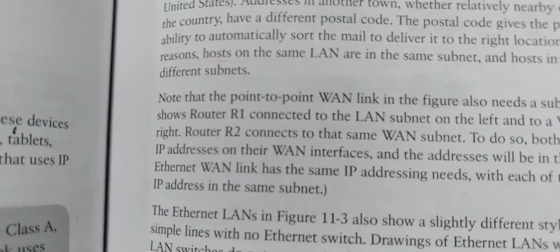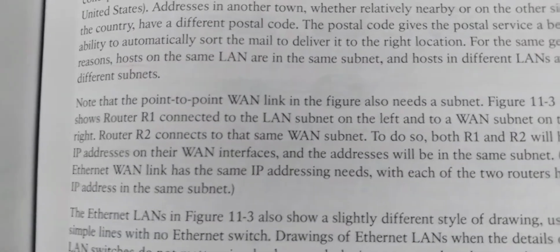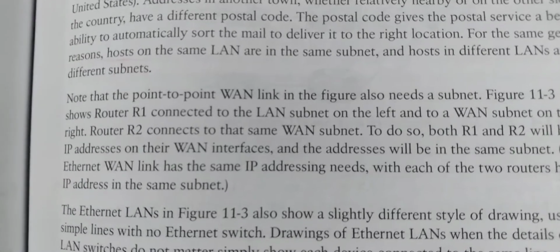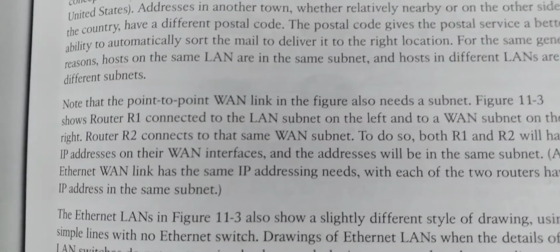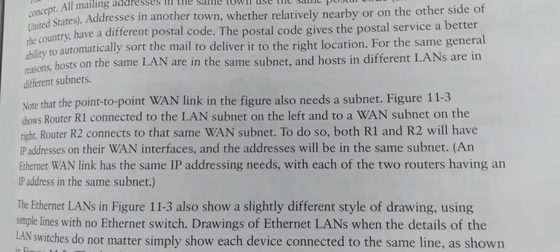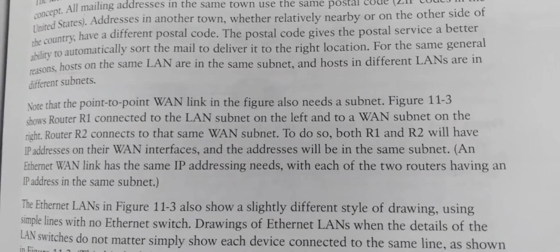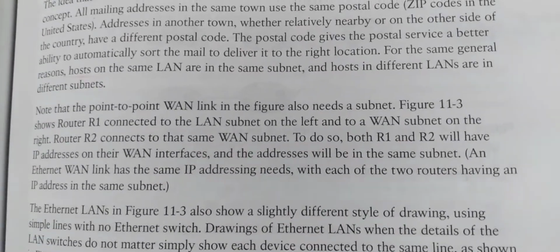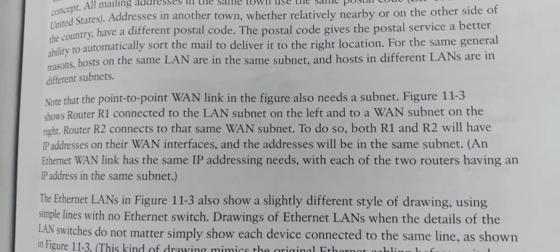Note that the point-to-point WAN link in the figure also needs a subnet. Figure 11-3 shows router 1 connected to the LAN subnet on the left and to a WAN subnet on the right. Router R2 connects to that same WAN subnet.